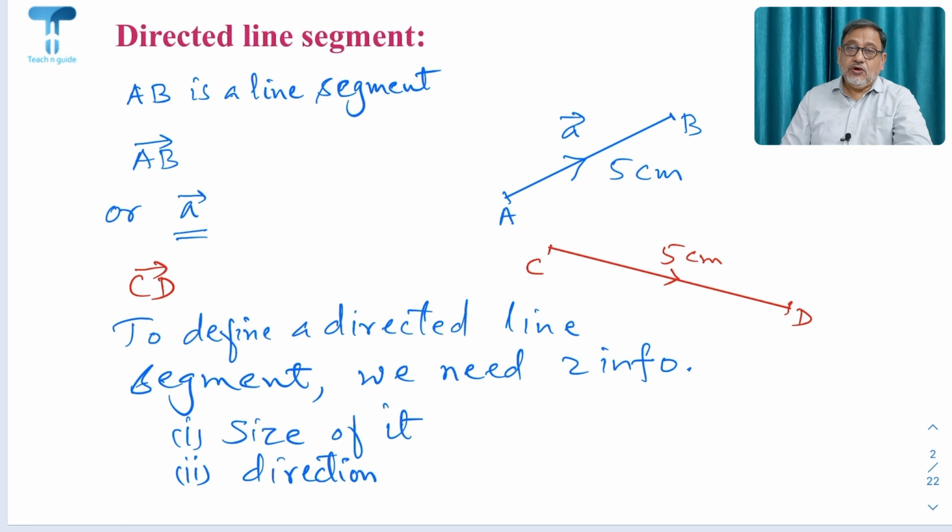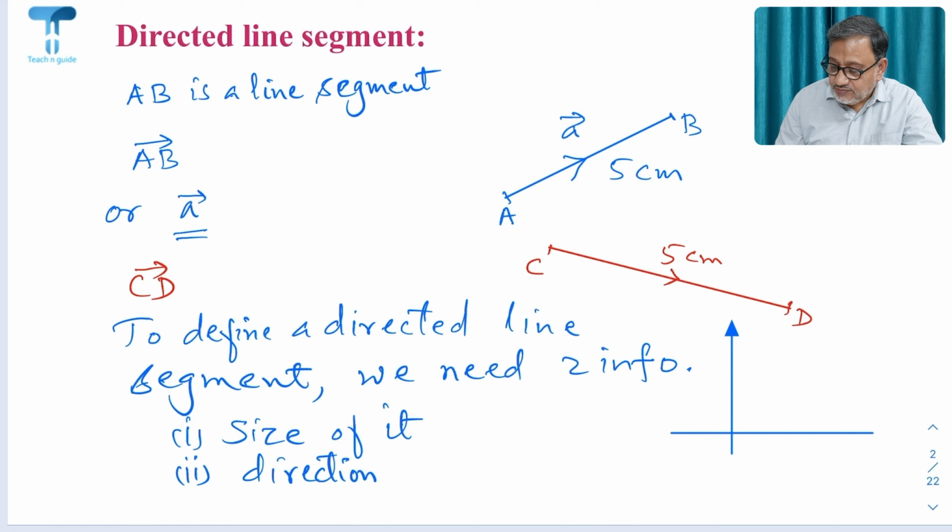Now if you talk about direction, then we can have direction in a coordinate system also. Suppose this is the x and y axis, this is the x axis, origin, y axis. Then I may define a vector OP, suppose of size 3 centimeter.